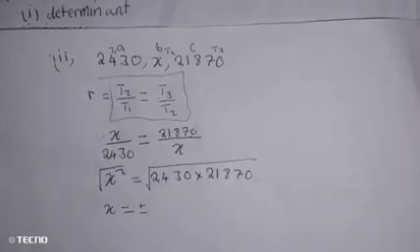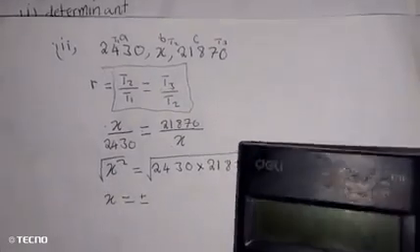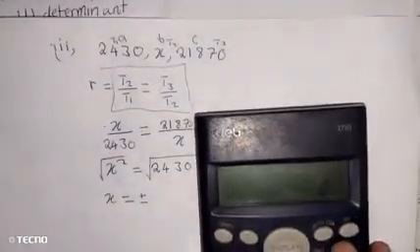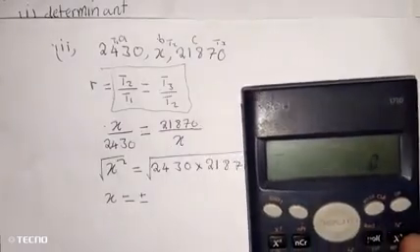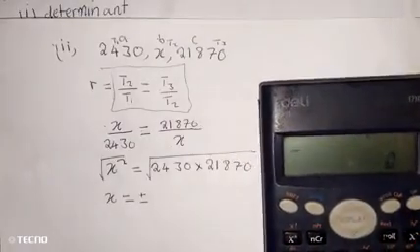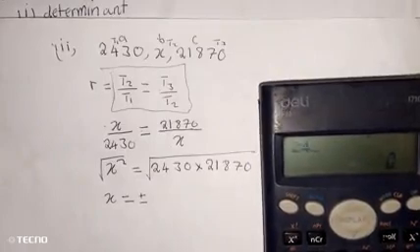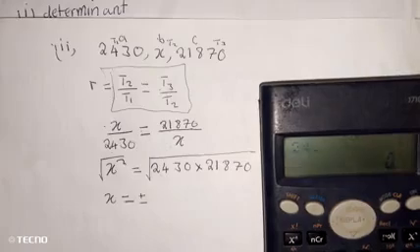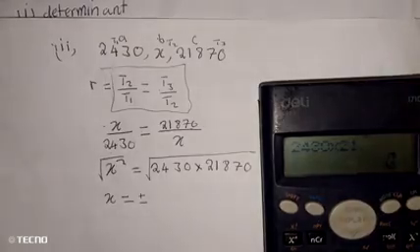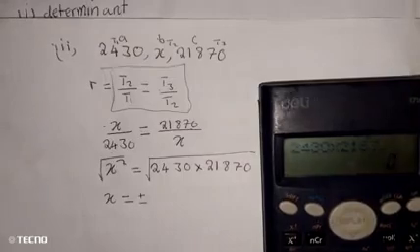So we'll just get a calculator and replace what we have here: 2430 by 21,870.